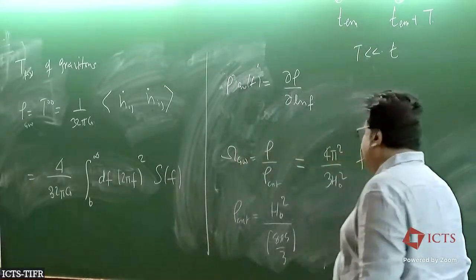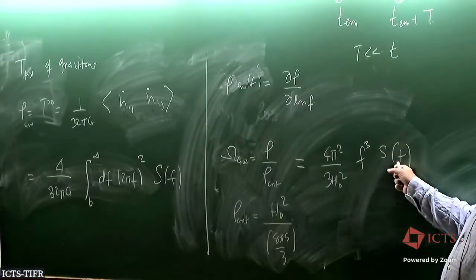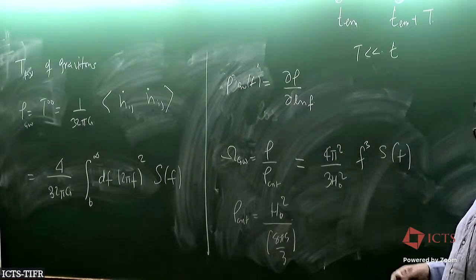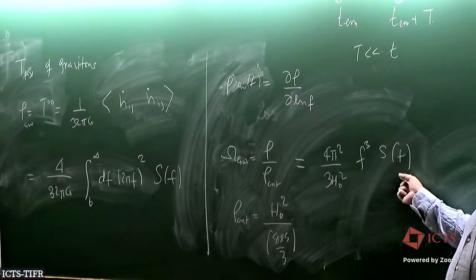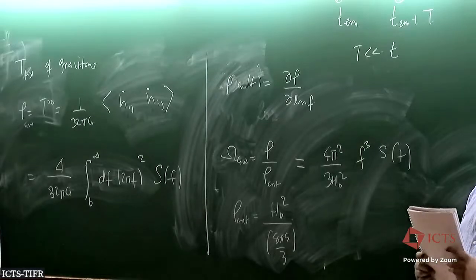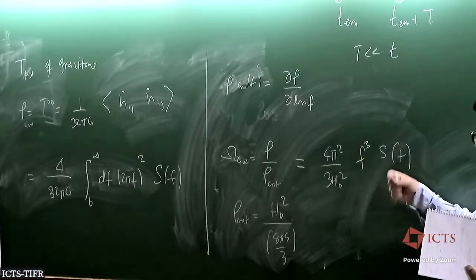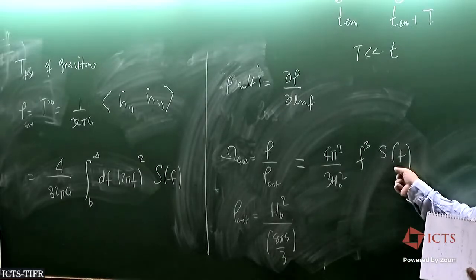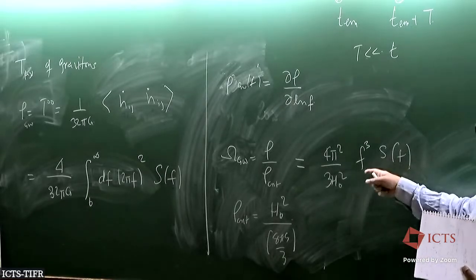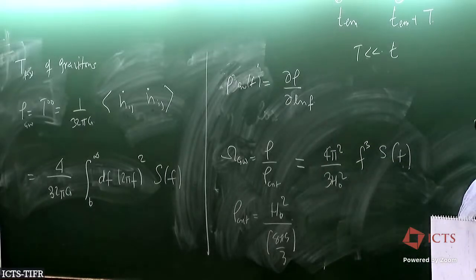So this is the relation between the SF that goes into that calculation and the density of the gravitational wave. If you have a model and you predict the density of the gravitational wave as a function of frequency, then at each frequency you can calculate SF, and that will give you the Hellings-Downs correlations.